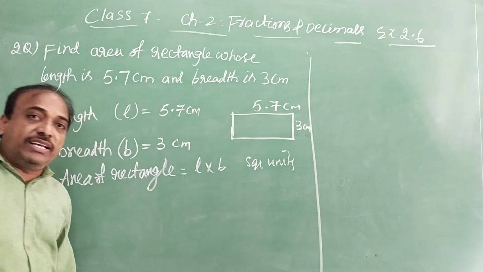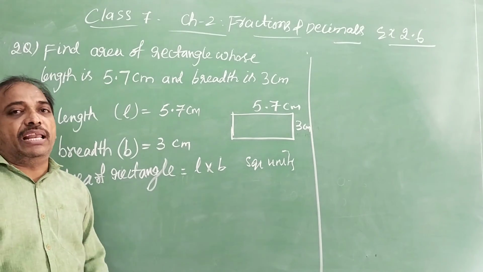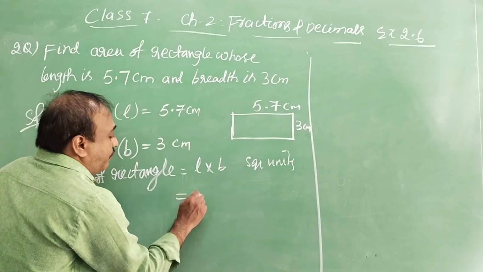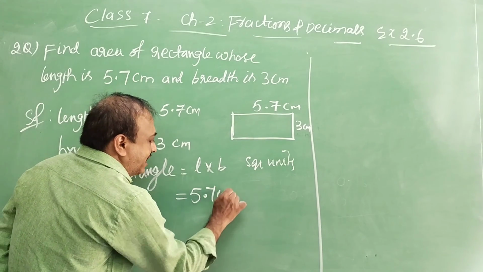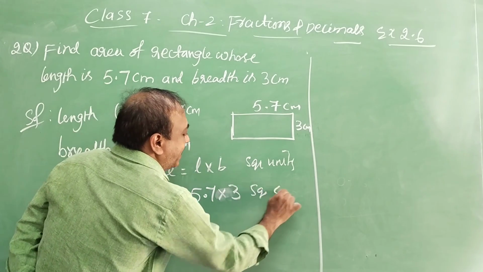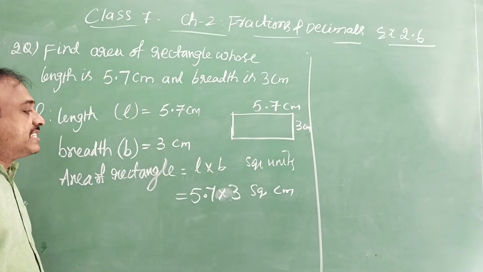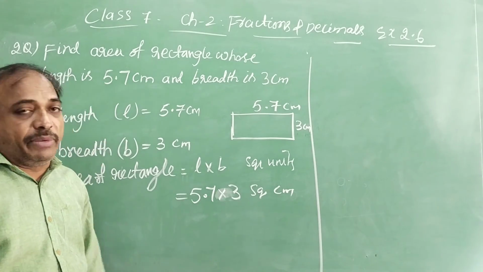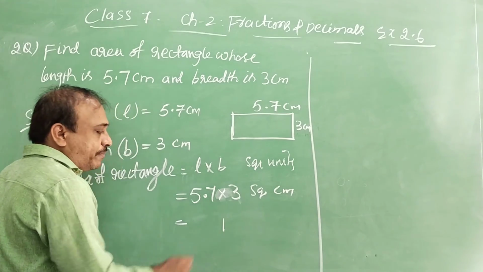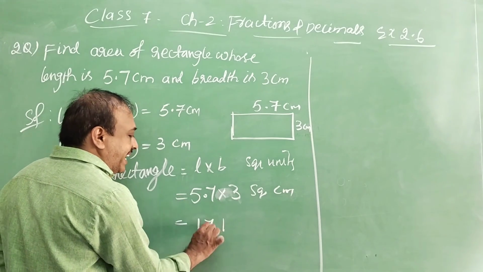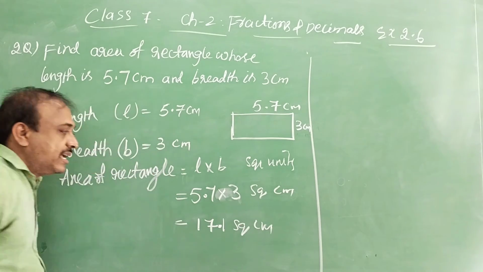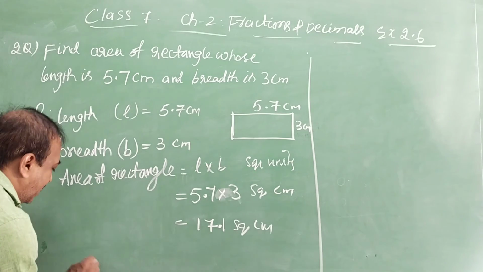So area will always be measured in square units. Now L into B is equal to 5.7 into 3 square centimeter. As both are in centimeter, now you multiply normal multiplication. 3 sevens are 21, 3 fives are 15 plus 2, 17, and 1 digit is there, so 17.1 square centimeter.